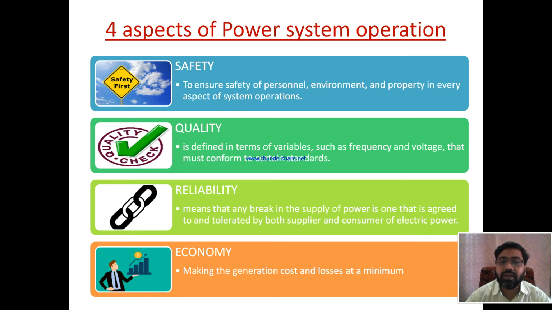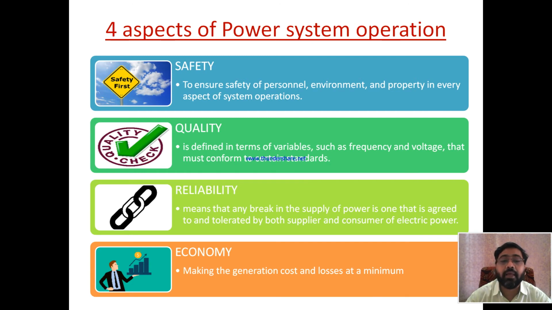You should see that there is no break in the power supply, because that will not be tolerable by both the supplier and consumer. The power demand should always be met by the power generation instantaneously. Always load and generation should match, like in commodity markets, the balancing of supply and demand.